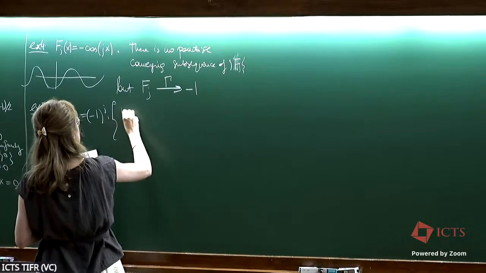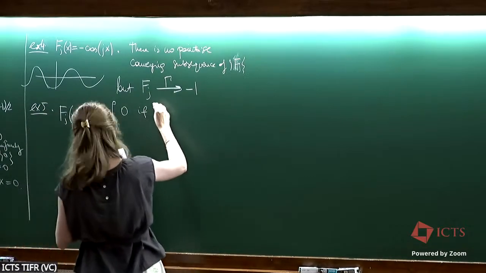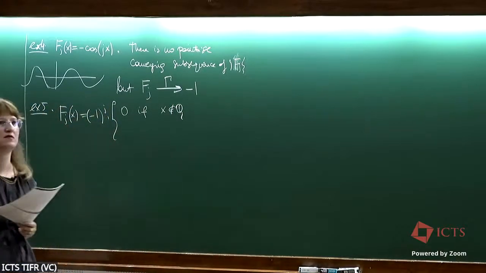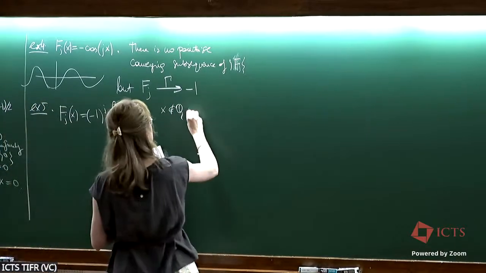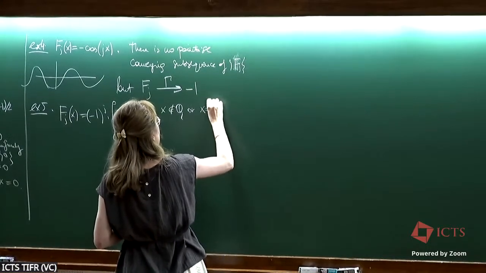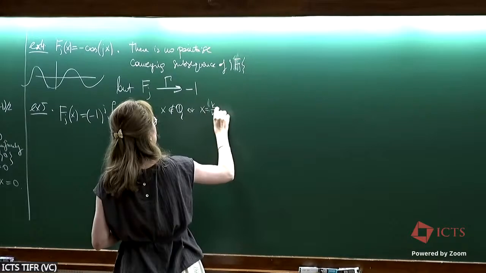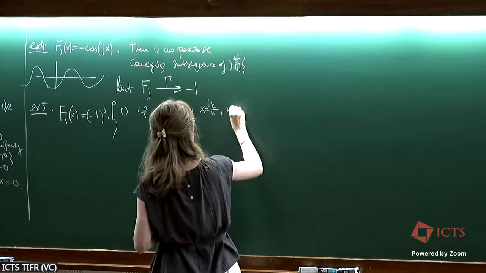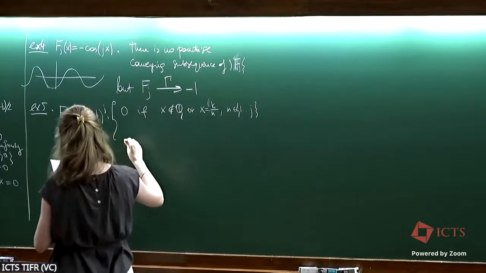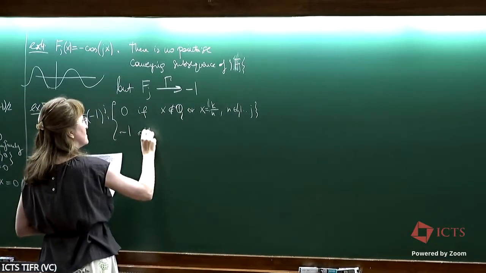You put 0 if x is either irrational or x can be written as k over n for n between 1 and j. And you put minus 1 otherwise.